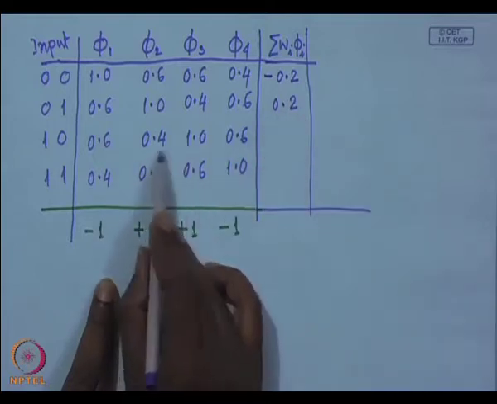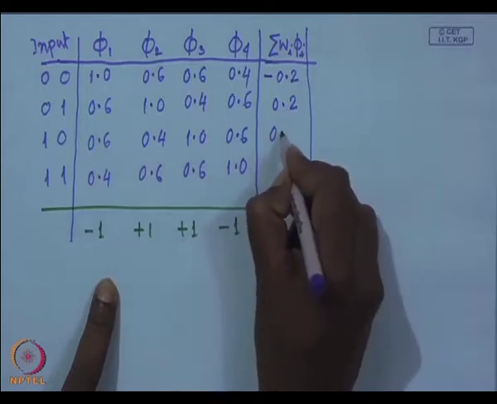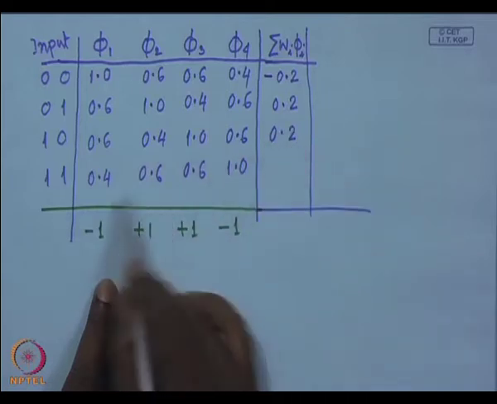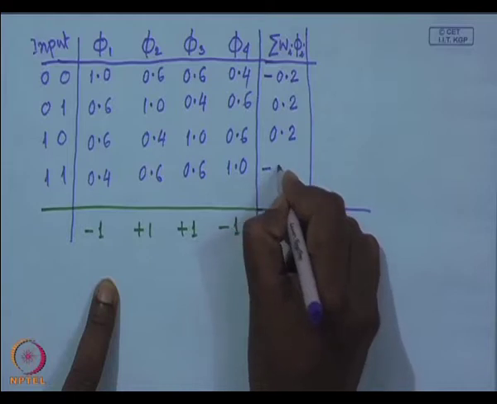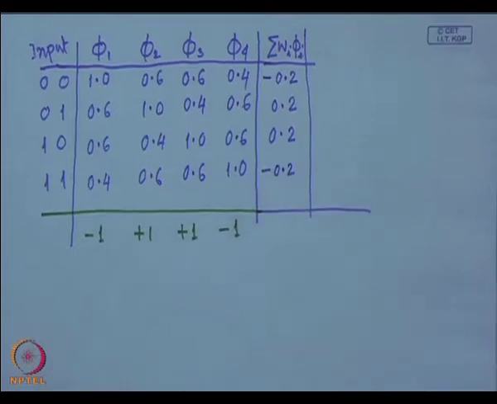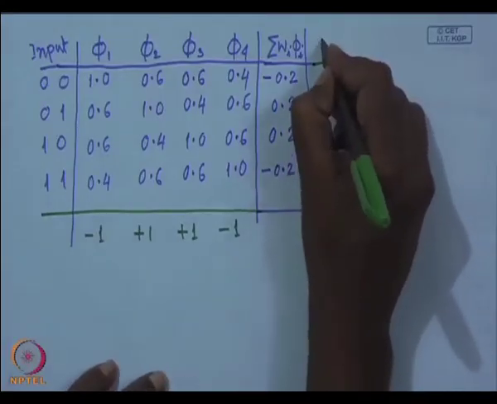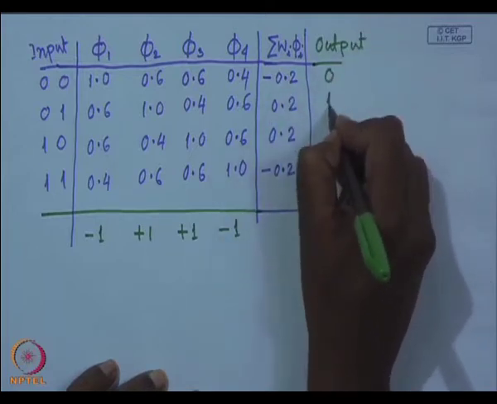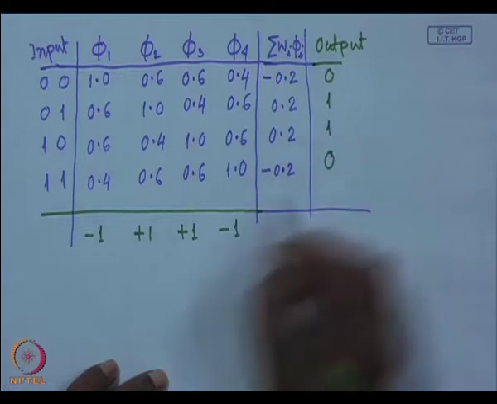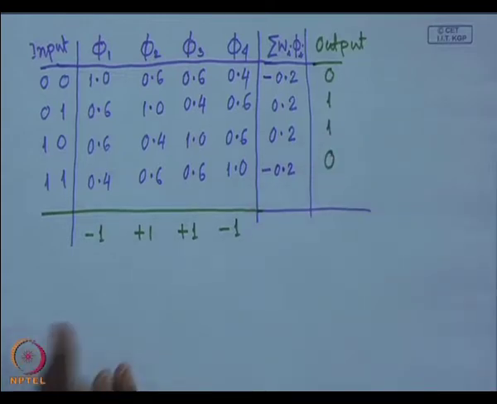Here again it will be 1.4 minus 1.2, so this is plus 0.2, and here it will be 1.2 minus 1.4, so this is minus 0.2. And if I take a decision that if the value is more than 0, the output will be 1, if it is less than 0, the output will be 0, then the final output that we have is, here I write output, this will be 0, this will be 1, this will be 1 and this will be 0. So, which is nothing but the XOR function output.